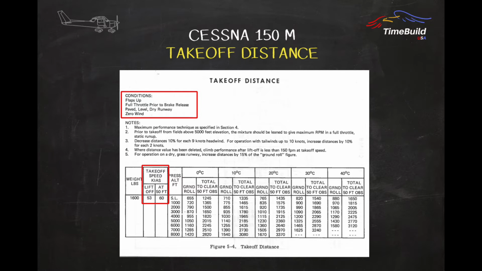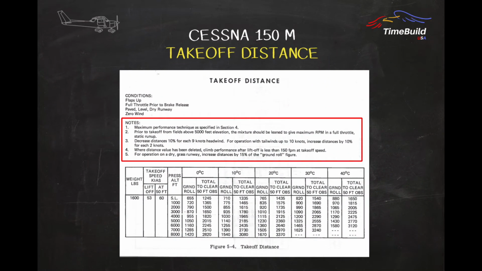Number 3, a runway that is paved, has no slope or gradient, and is free of moisture contamination. And finally, calm winds. Also, note that the takeoff technique used was the maximum performance method outlined in the POH, which specifies a rotation speed of 53 knots and an initial climb at VX, or 60 knots.